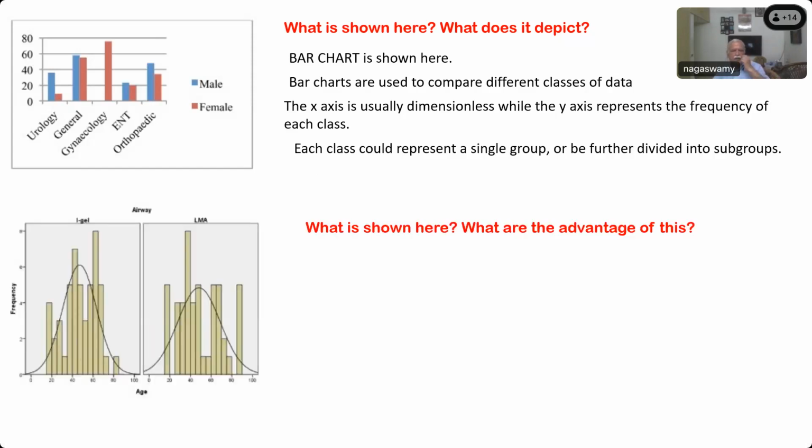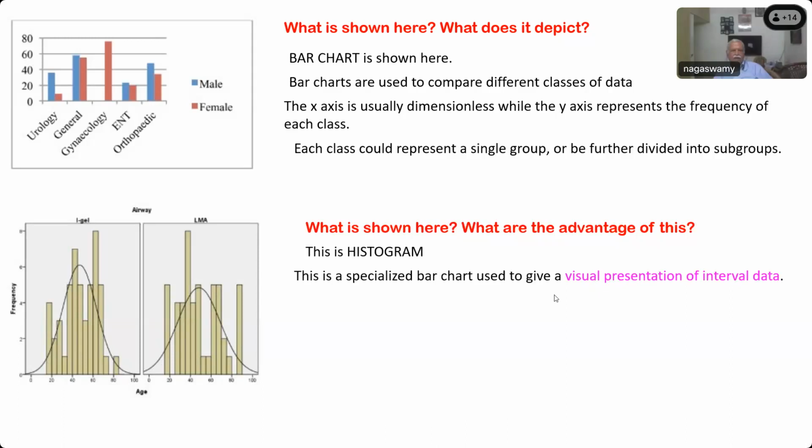What is shown here and what are the advantages of this? This is called the histogram. This is a specialized bar chart to give a visual presentation of interval data.